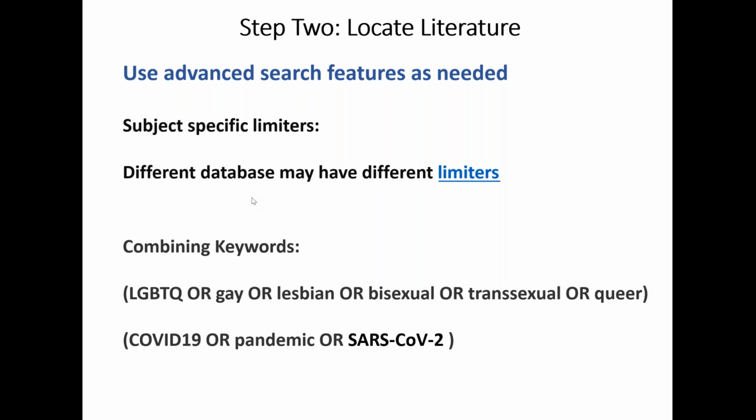So it's either LGBTQ or gay or lesbian or bisexual or transgender and so forth. I usually put that in parentheses with an OR in between. Every database is a little bit different, but this is usually a safe bet. Same thing with COVID-19. You could put COVID-19 as a keyword and get results. Or, you could expand it by using COVID-19 or pandemic or SARS-CoV-2. So you get the idea.